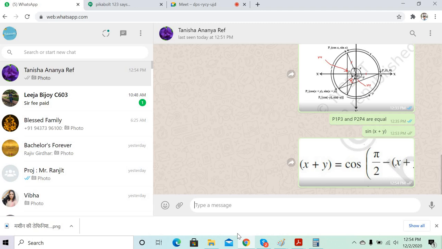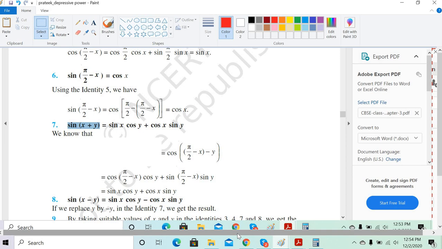Now assume the term pi by 2 is a and x plus y as b. So can you expand the formula? Just now you did the cos x minus y formula, cos a minus b formula. And cos 90, you know already what it is. Cos 90 is 0.